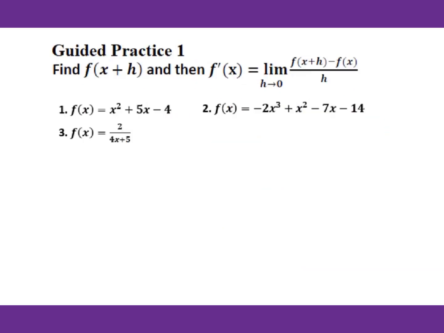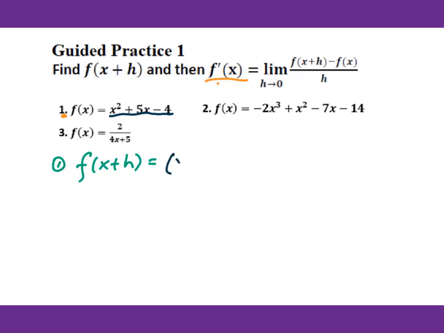We use the first principle of a derivative to figure out the derivative of f(x). For number 1, we will figure out f(x + h) first. f(x + h) means every single x changed into x + h.